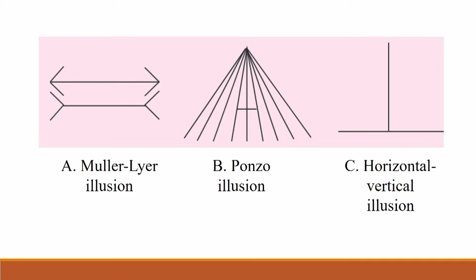You can measure them also. The vertical line tends to appear longer. So these are the three cases, and you can see for yourself that these illusions are working, and how the principle of perception can also lead to some sort of inaccurate perception.